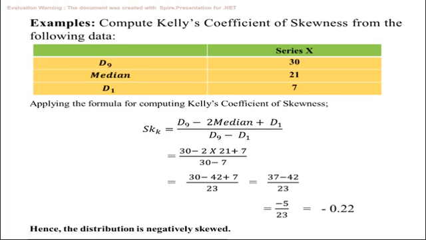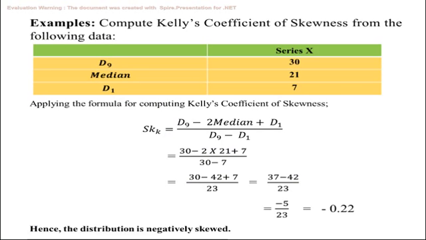In order to understand this method in a better way, let us take this example. Here we have the 9th decile equal to 30, median equal to 21 and first decile equal to 7.